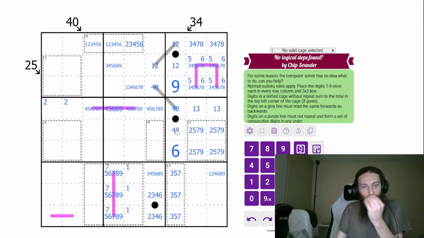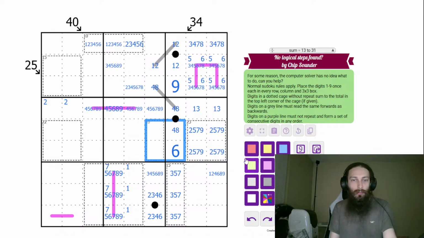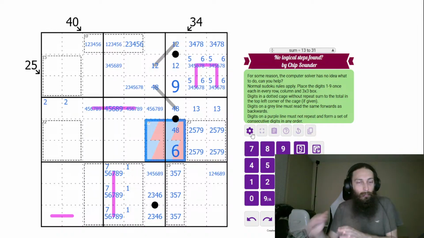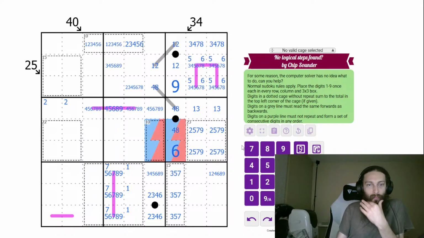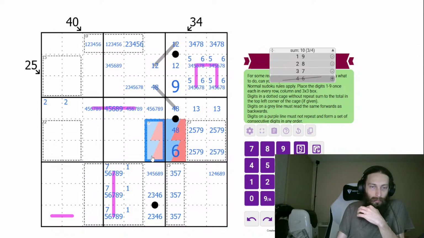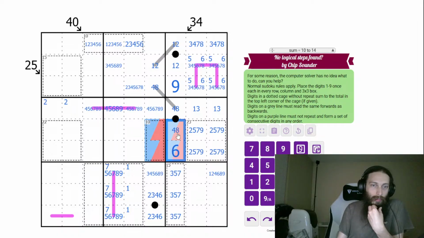Yeah, because the intersection is just these 4 cells are in both groups. Saying that these 2 have to be 10 says nothing about these 2.